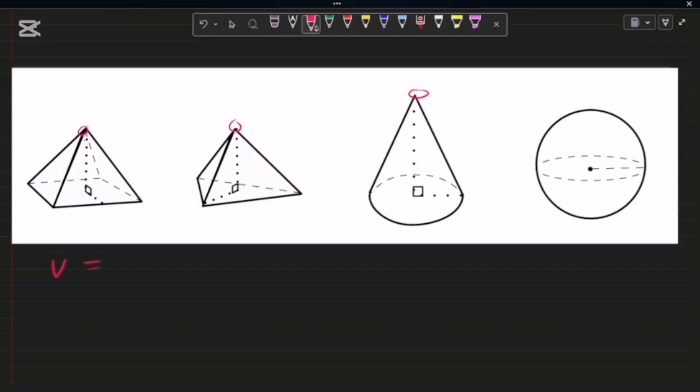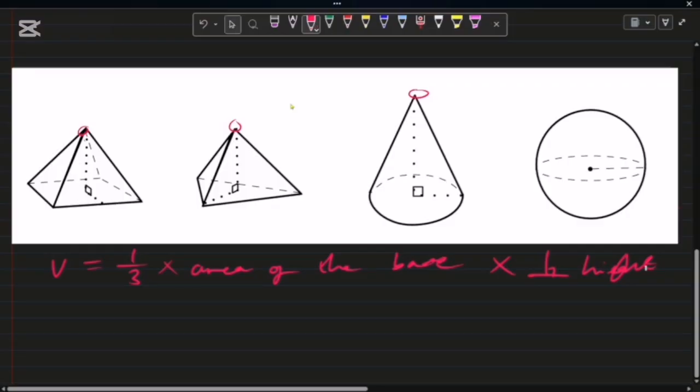You can say that the volume is 1 over 3 times the area of the base times the perpendicular height, in other words, the height that is perpendicular to the base. So this formula is applicable to any three-dimensional object that has an apex, so any three-dimensional object that can be classified as a pyramid.